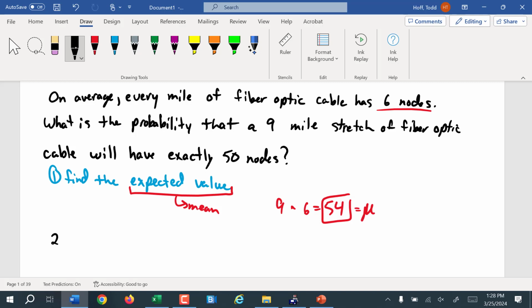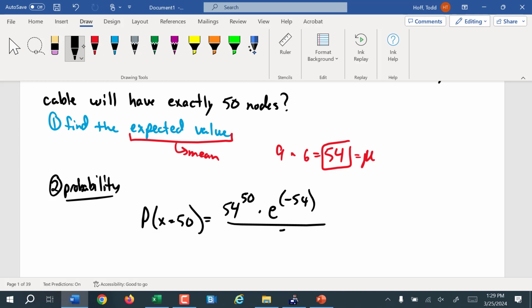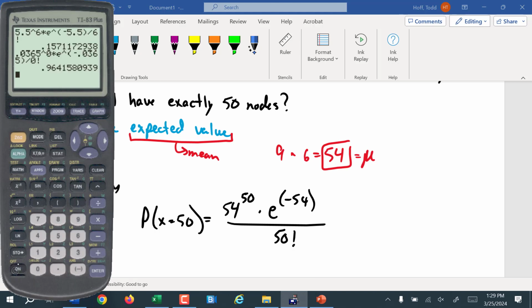So to find our probability, that x equals 50 is going to equal mu, 54 to the power of 50 times e to the power of negative 54, negative mu, over 50 factorial. So this is a little bit bigger calculation, but the calculator handles this just fine.